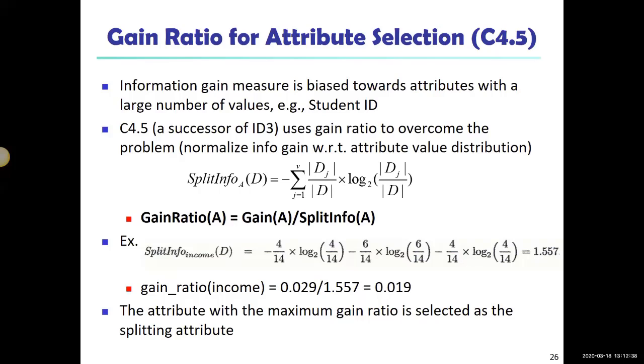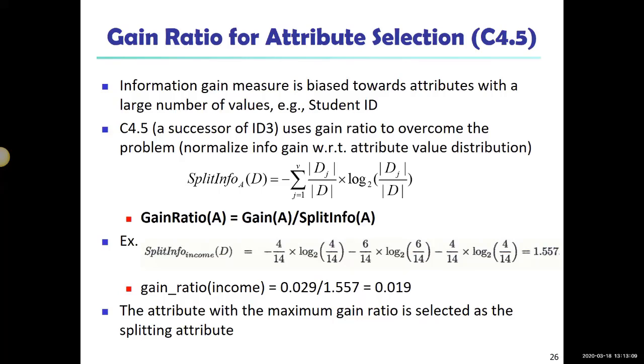Every student is going to have a unique ID, so this attribute alone will split the tree down to single leaf nodes, because every student ID is basically unique. With this bias, the system would always select attributes with high cardinality to split.